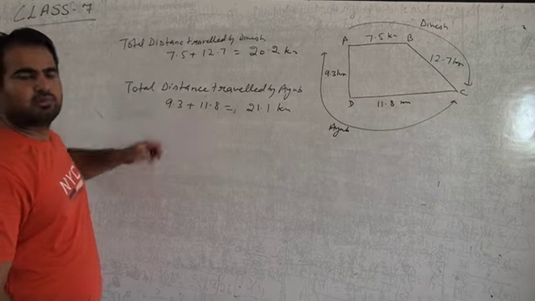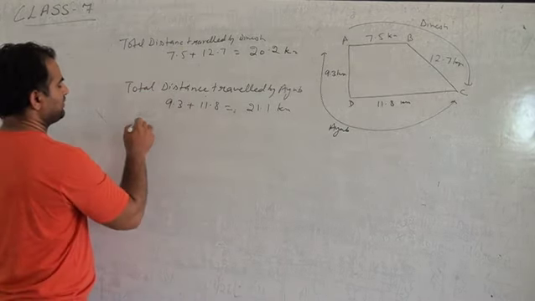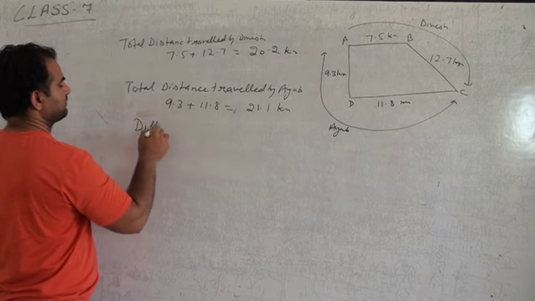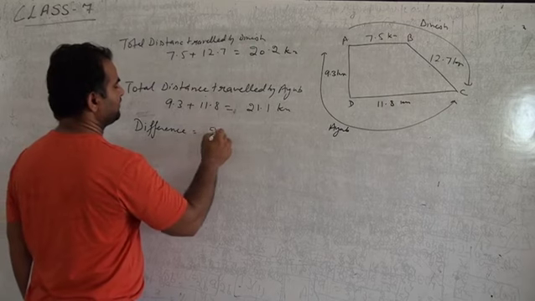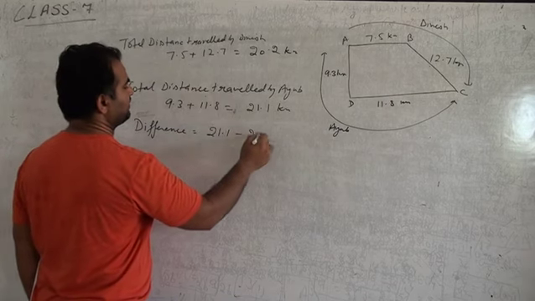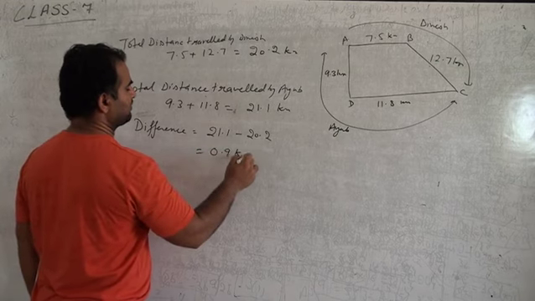We know who traveled more: Ayub. But by how much? So what do we have to do? We have to find the difference, which equals 21.1 minus 20.2. It will be 0.9 kilometer.